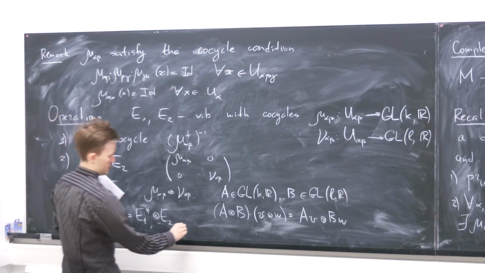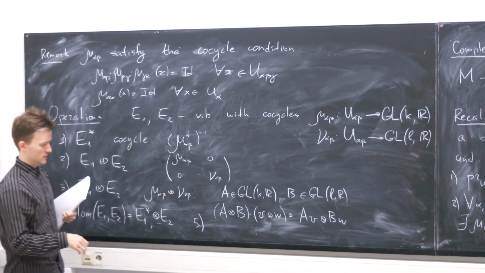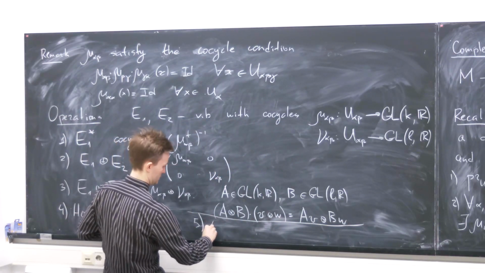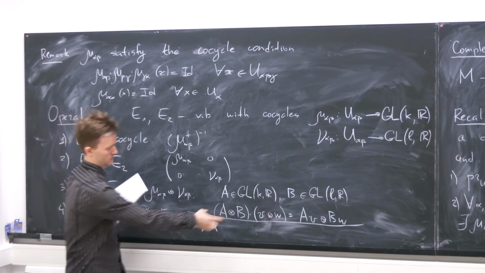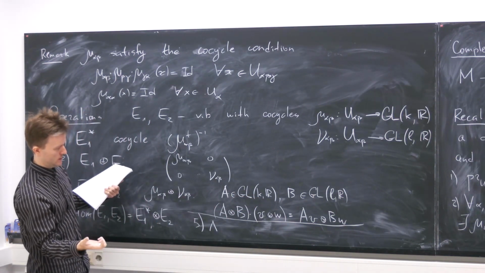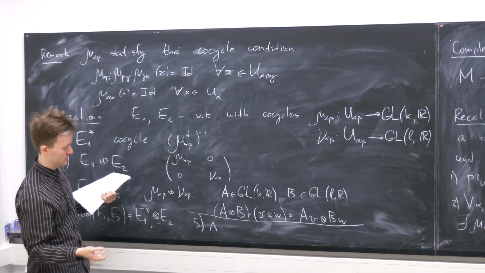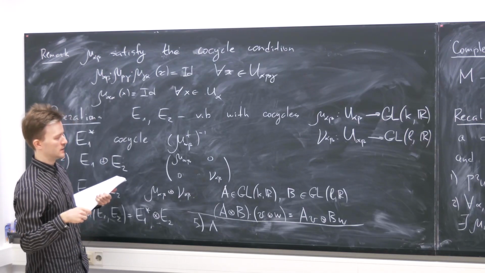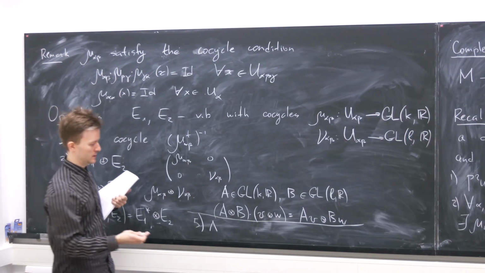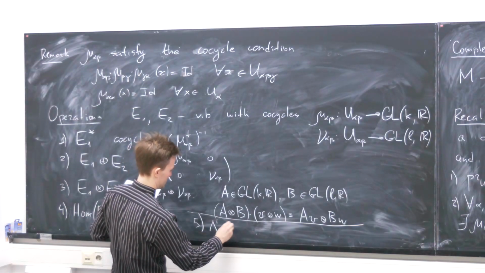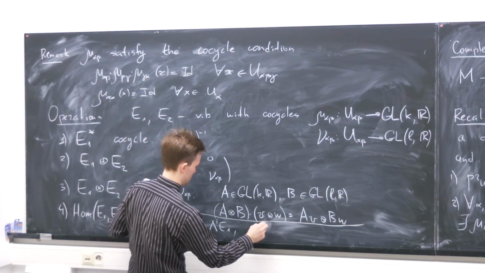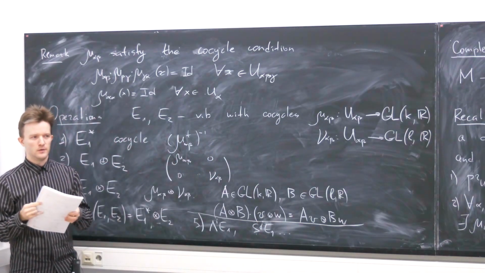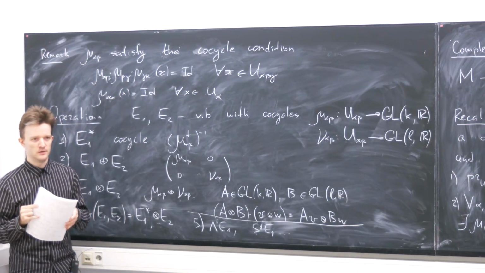You can also form exterior powers and symmetric powers of your vector bundles, because if a matrix operates on some vector space of dimension k, then this induces an action on the exterior powers and symmetric powers of this vector space. So all these natural constructions can be applied to vector bundles as well. Is everybody familiar with this actually?